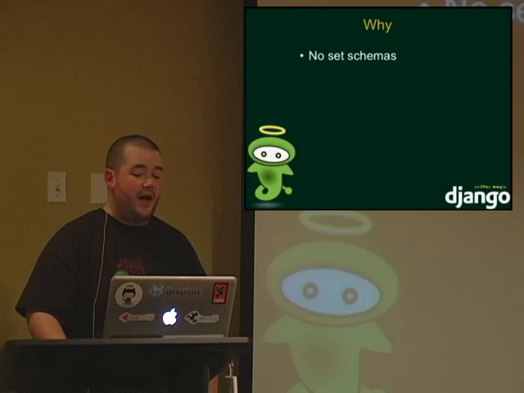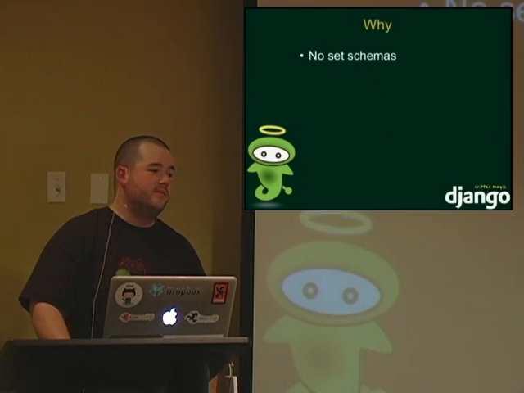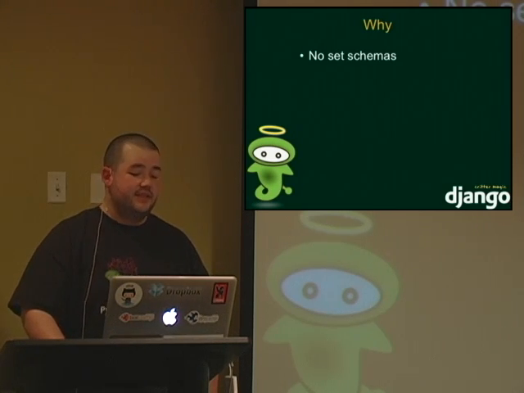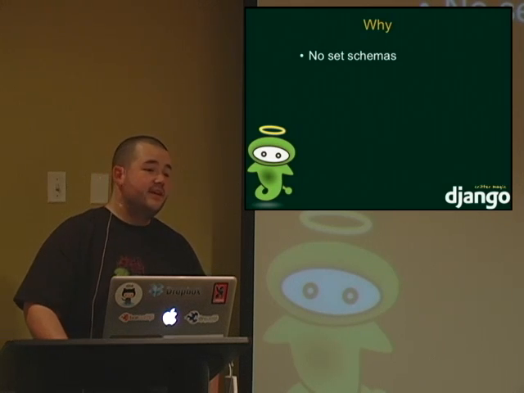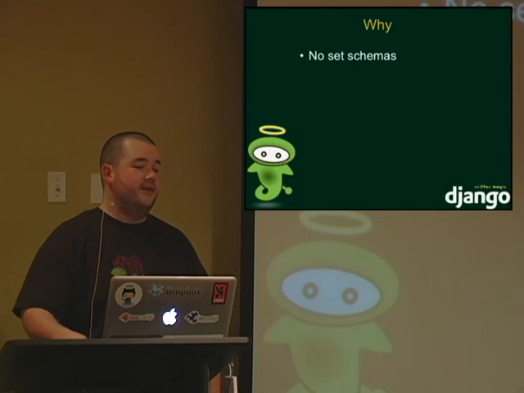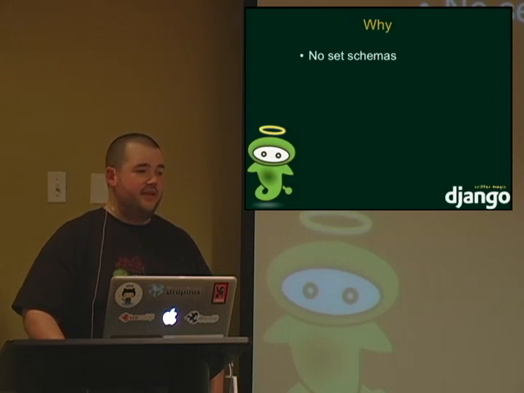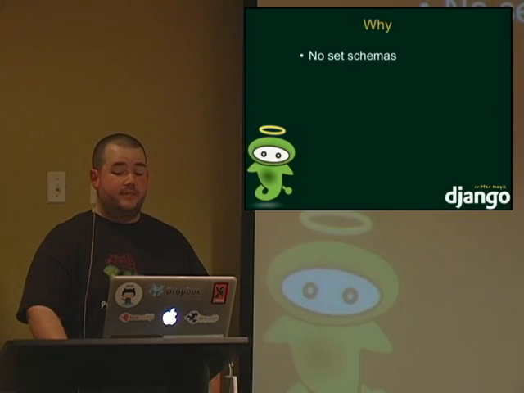So why would you use Django non-rel? One of the biggest benefits is that you no longer have set schemas. If you have to deal with South or Nash Vegas, you don't have to do that in non-relational databases.